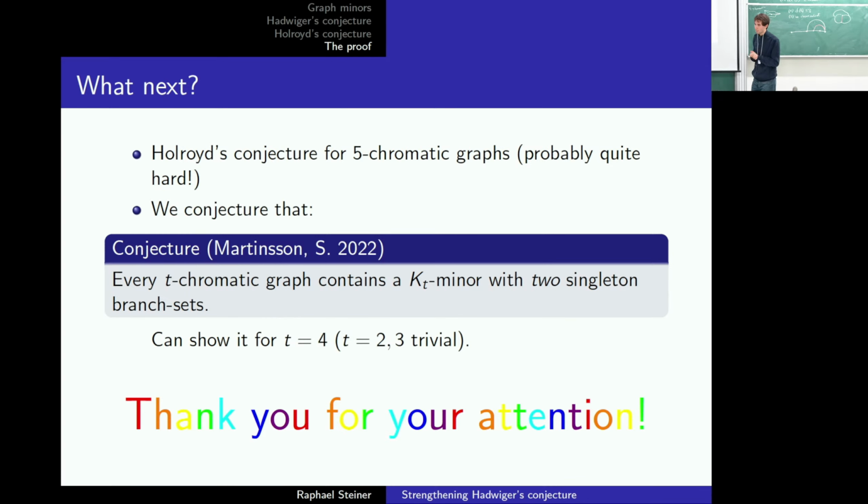But I guess you could try and have some conjecture which asks what the threshold is between Hajós's conjecture and Hadwiger's conjecture.